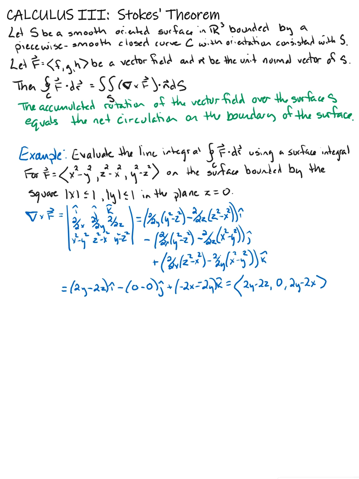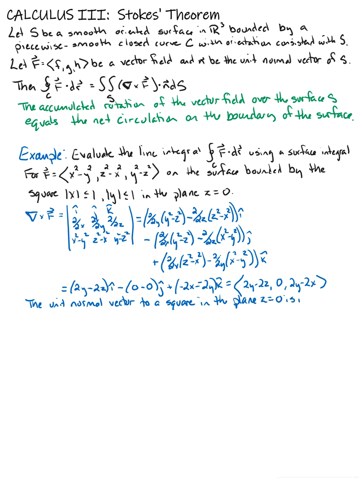We're also going to need the unit normal vector. Let's see, the unit normal vector to a square in the plane z equal to 0.